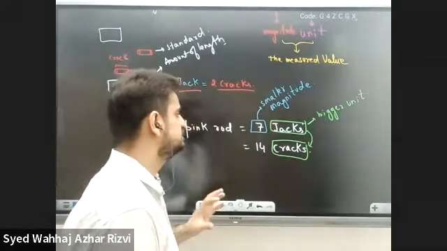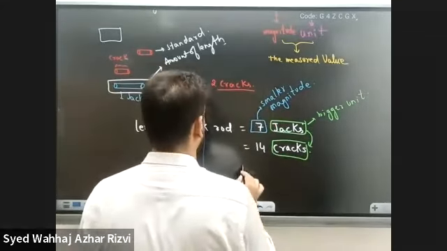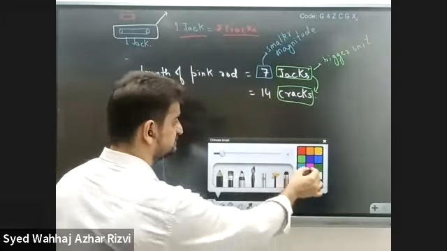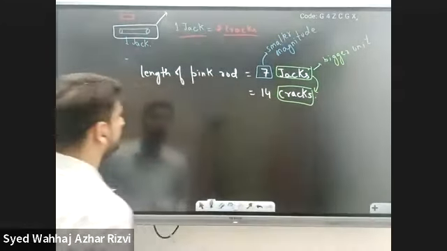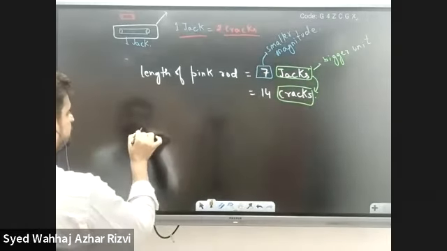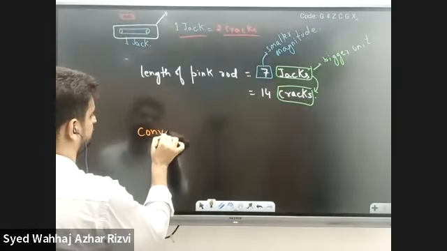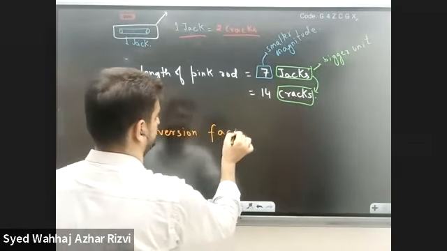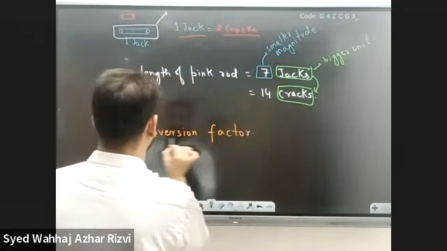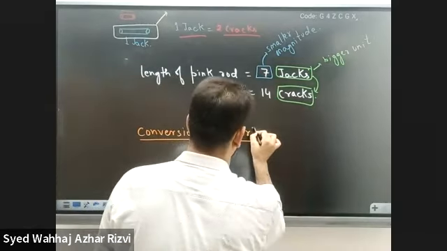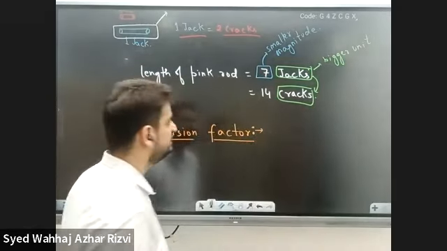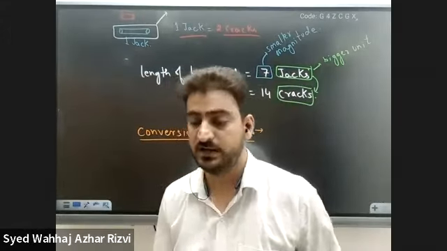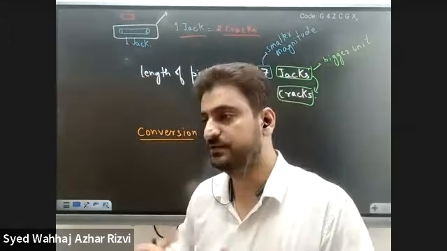So we have understood this. After that, the next thing we have to make ourselves aware of is called the conversion factor. So when we are using 2 units, we often have to convert 1 unit to the other unit.